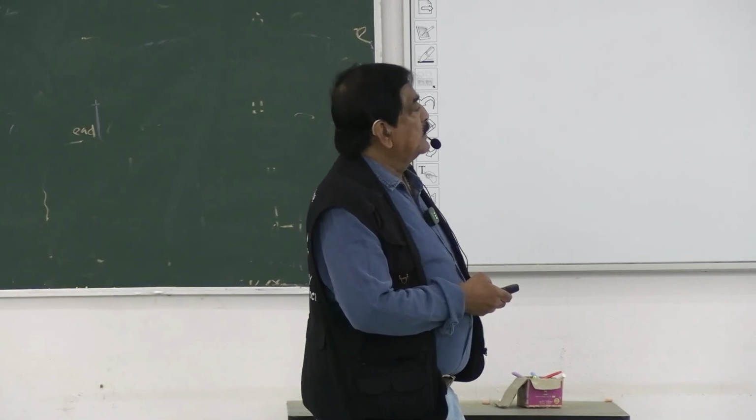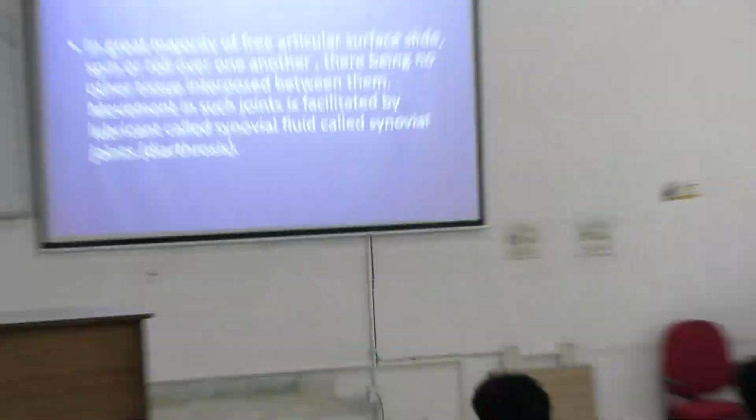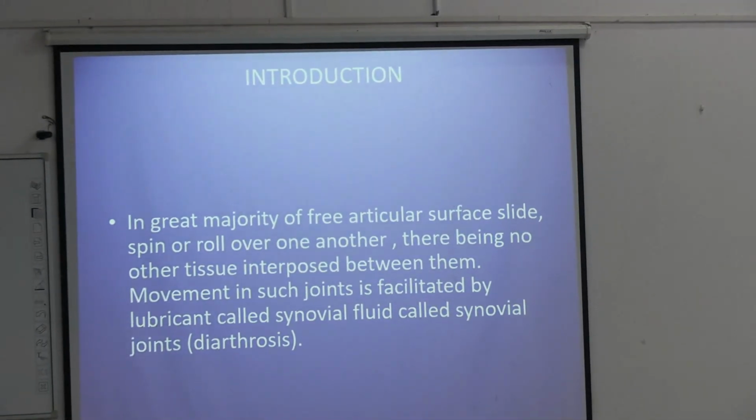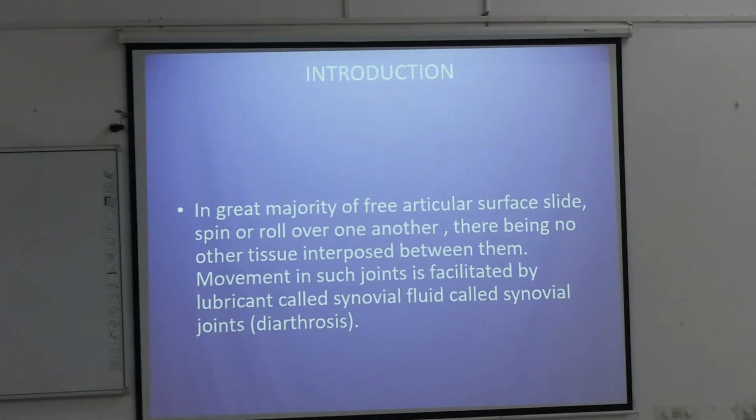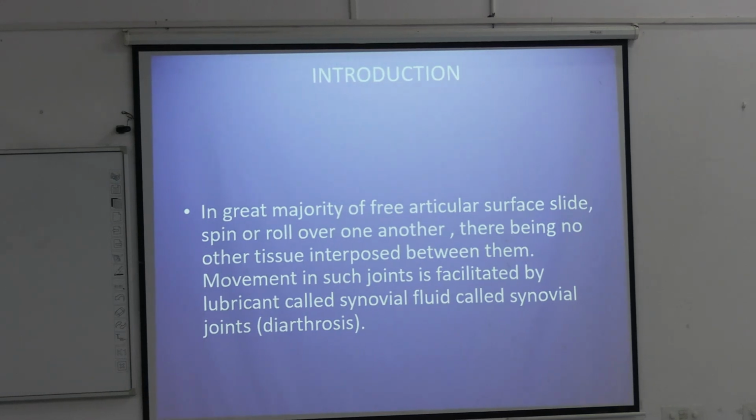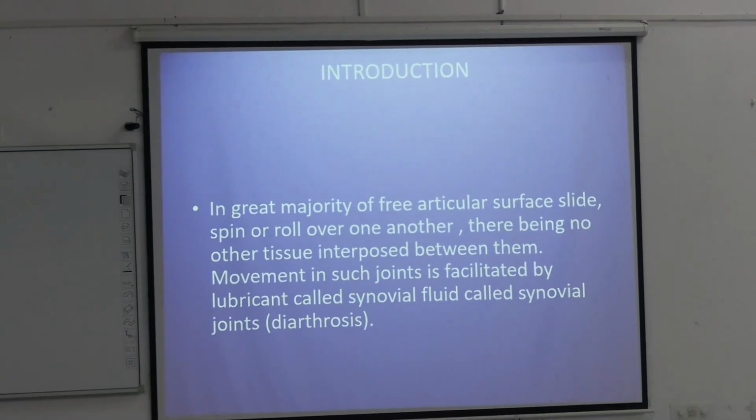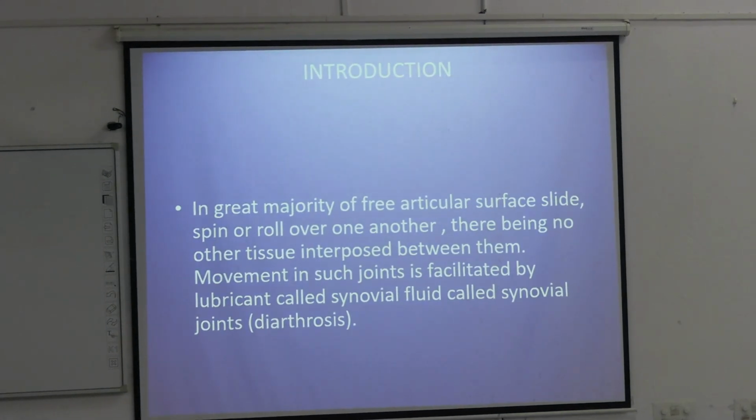Movement in such a joint is facilitated by a lubricant called synovial fluid; this is the synovial joint, diarthrosis. Okay? So it only has to glide. Naturally, there cannot be other tissues interposed between them, fat or some muscle or some ligaments inside the joint.